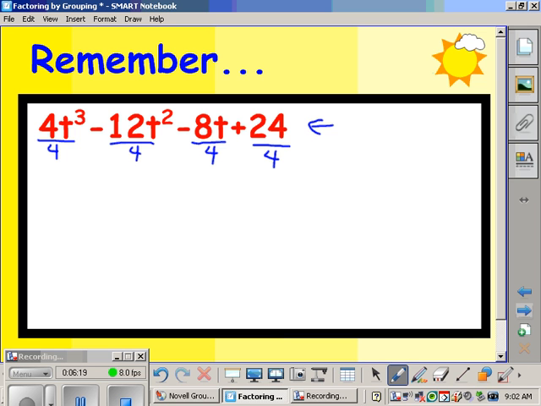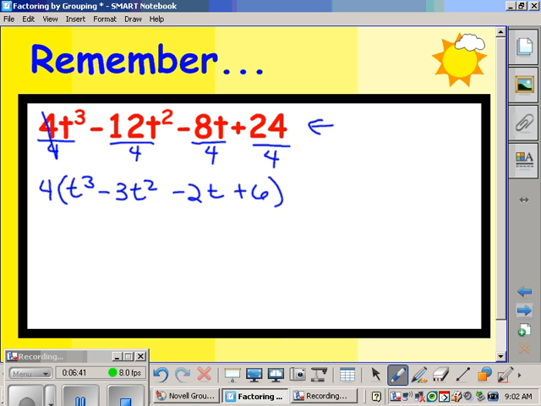You cannot factor out a t because the fourth term, the 24, does not have a t. But they do all have a 4 in common. So let's go ahead and take out that 4. That would leave us with t cubed minus 3t squared minus 2t, and we're just dividing the numbers, plus 6.